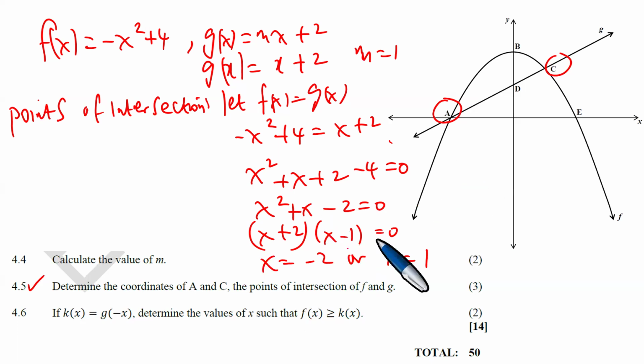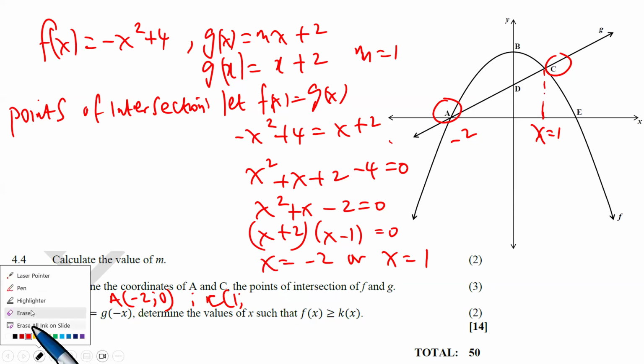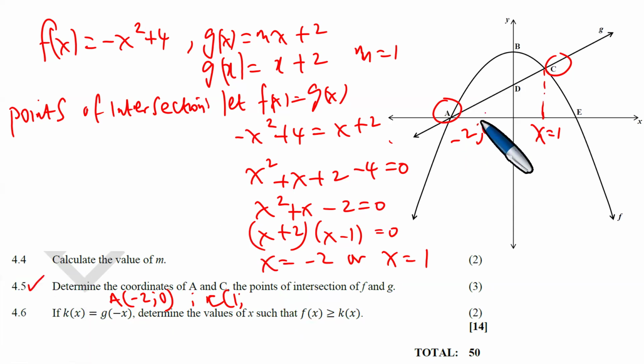Okay, so we're finding the coordinates of A and C. We already know that A is minus 2, but it means therefore that here x is going to be 1. So A has x is minus 2 and y is 0.